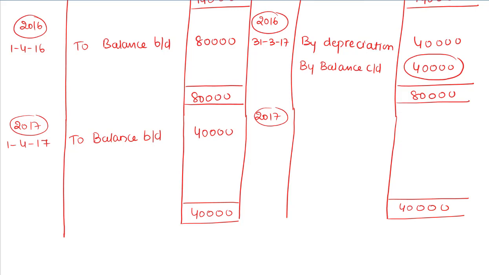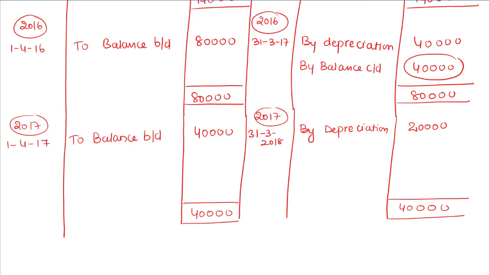We need to calculate depreciation. We need to account for depreciation on 31st of March 2018. By depreciation 20,000. This we have already calculated above.